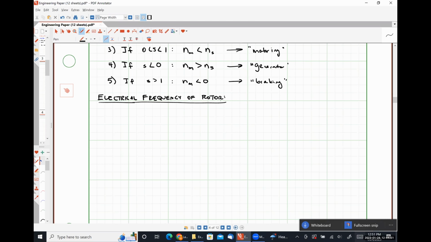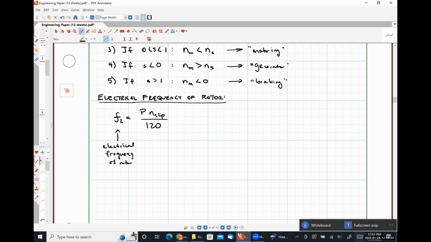Okay. So the frequency of our rotor, I'm going to call this f2, is the number of poles times the slip speed over 120.